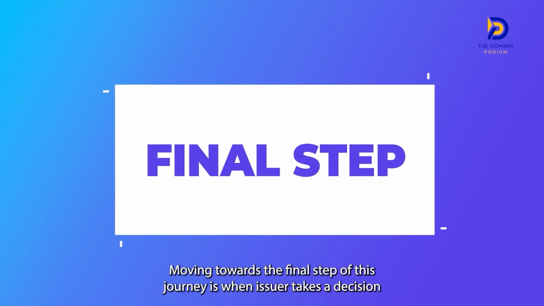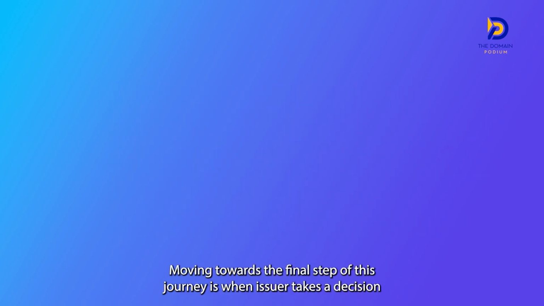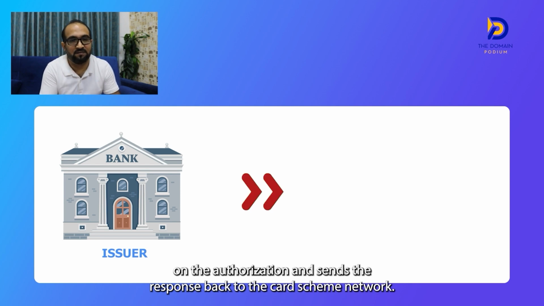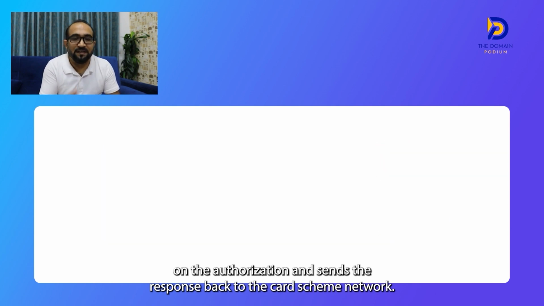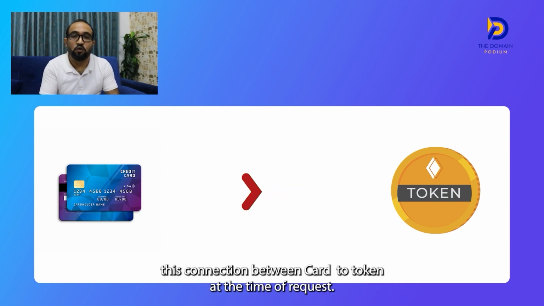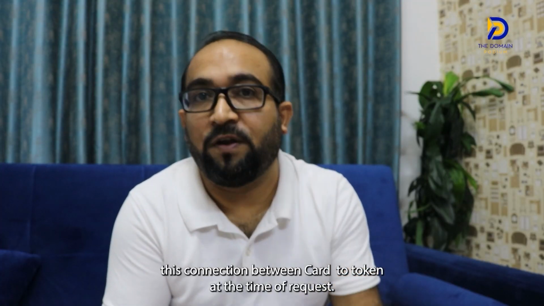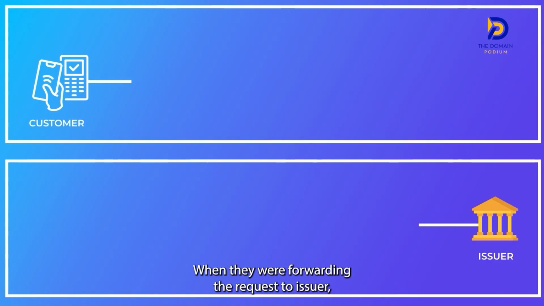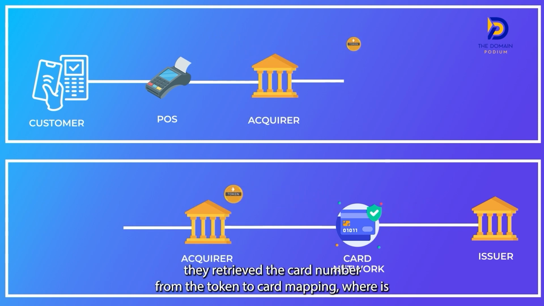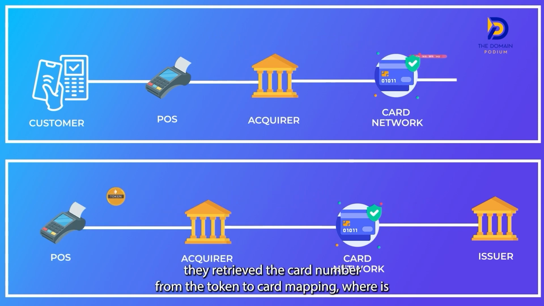Moving towards the final step of this journey, this is when the issuer takes a decision on the authorization and sends a response back to the card scheme network. The moment they receive this response from the card issuer, they will backtrace this connection between card and token. At the time of the request, when they were forwarding the request to the issuer, they retrieved the card number from the token to card mapping.